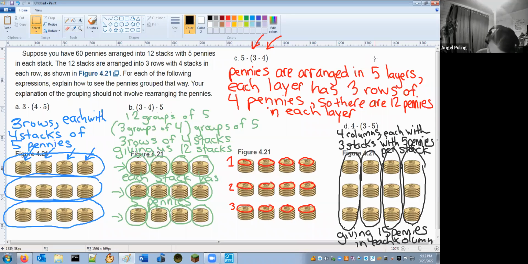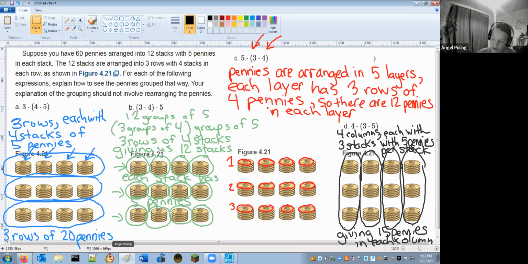So in the blue one, we had 3 rows, each with 4 stacks of 5 pennies, which is 3 rows of 20 pennies, right?